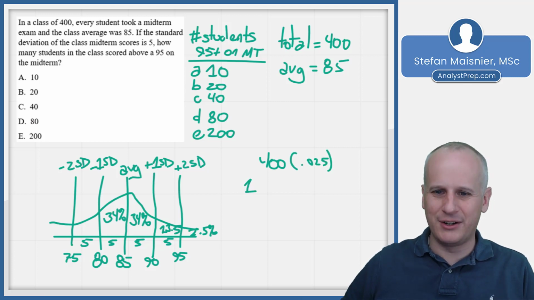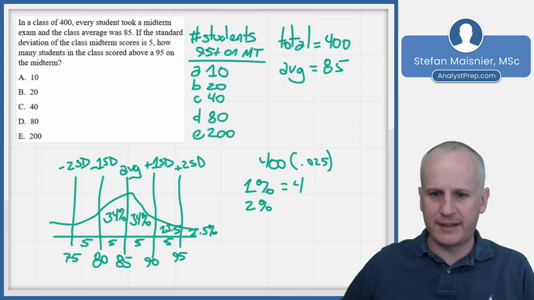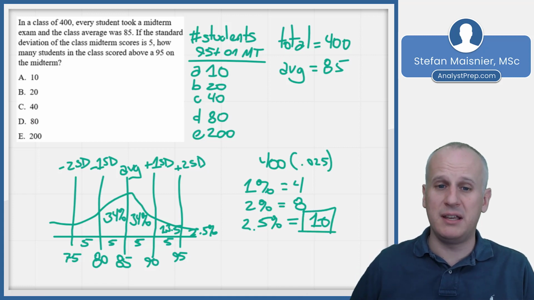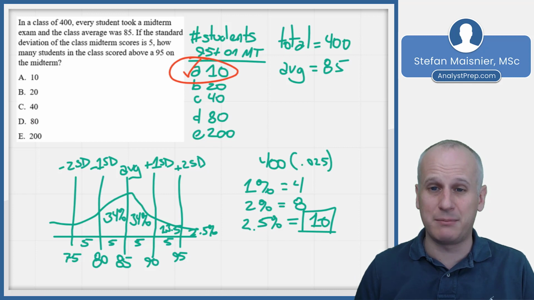The easiest way is going to know that 1% is going to be equal to 4, 2% is going to be equal to 8, and so therefore 2.5% is going to be equal to 10. And there's our answer just by basically mapping the information to the standard deviation curve. We can determine that the correct answer has to be choice A.